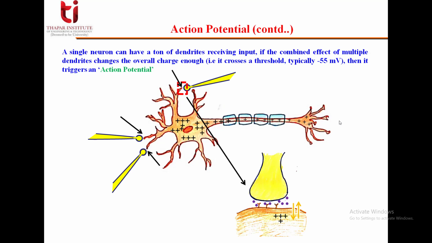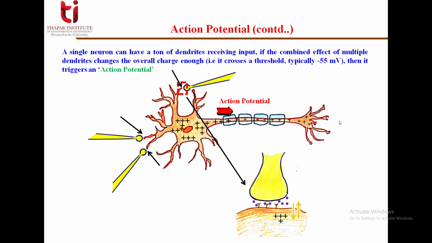You can see that a lot of signals are coming in on the dendrites, a lot of charge will be produced, mainly positive charge inside, that raises the resting potential to the more positive side, from minus 70 to minus 55, then it triggers an action potential.